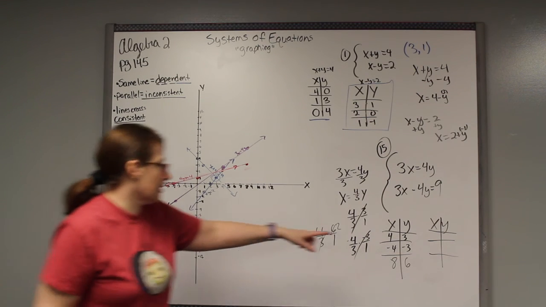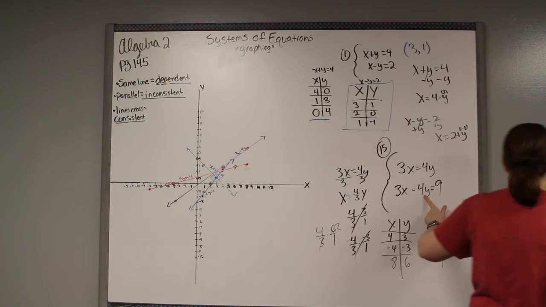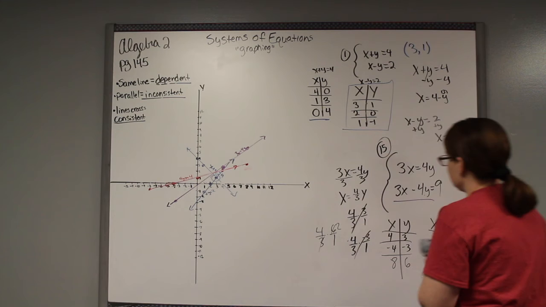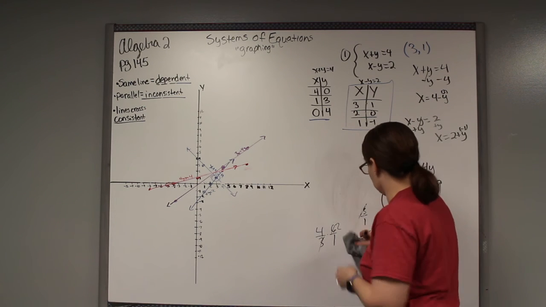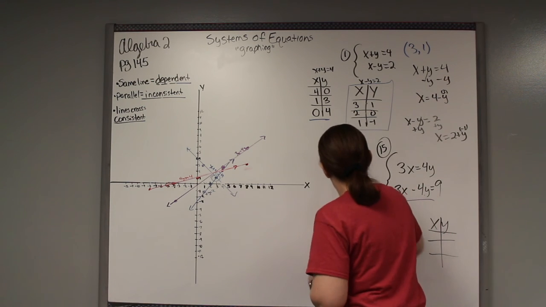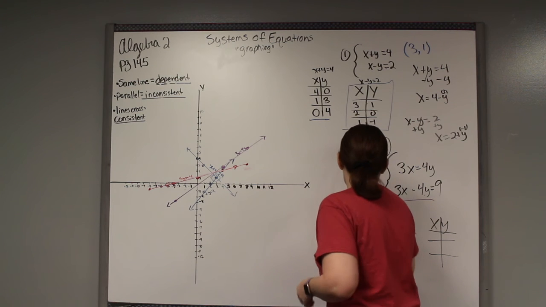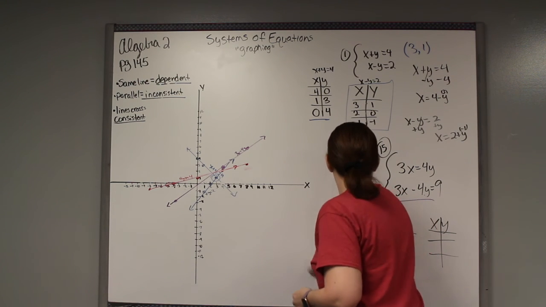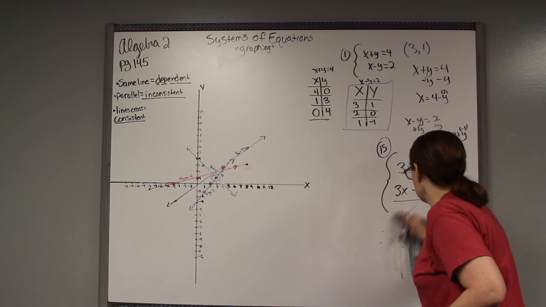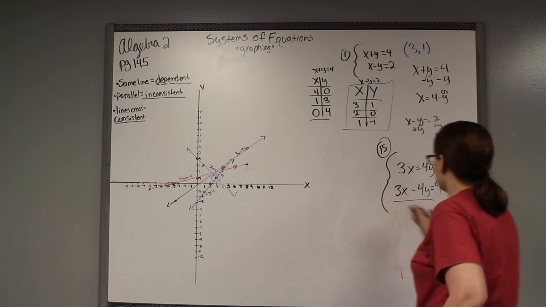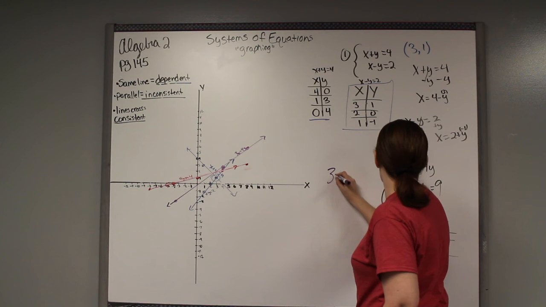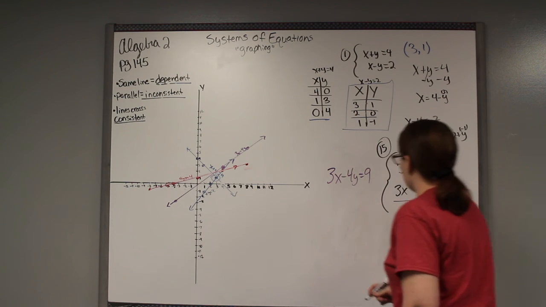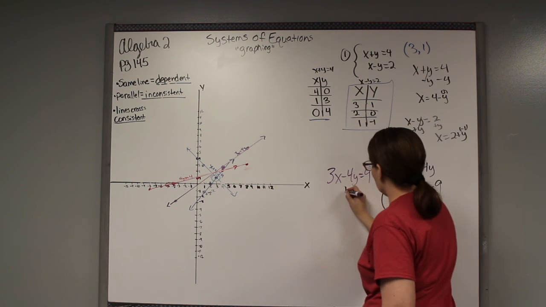And now I need to do my second one, so I'm going to erase this and work on this equation. So my second equation is 3x minus 4y equals 9, and I'll move my 4y over.